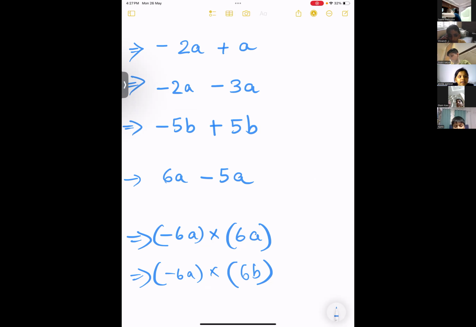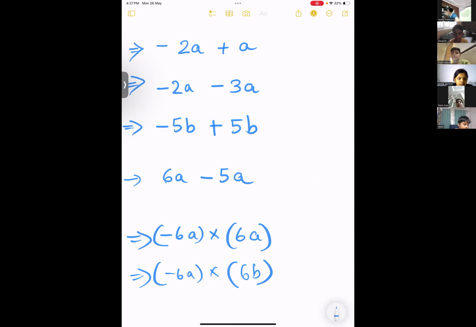Auntie, I'm not able to get it. Where are you stuck, Anvika? Oh, mom, first one, like what operation to perform? Is it addition or subtraction? You have to tell me that. Minus and plus. Mom, I think it should be addition. It is, but the minus sign becomes subtraction.